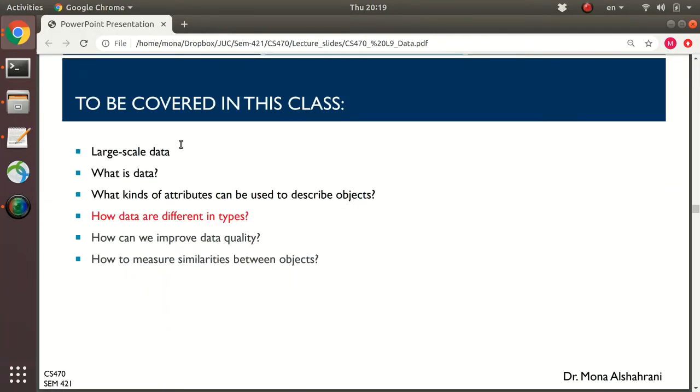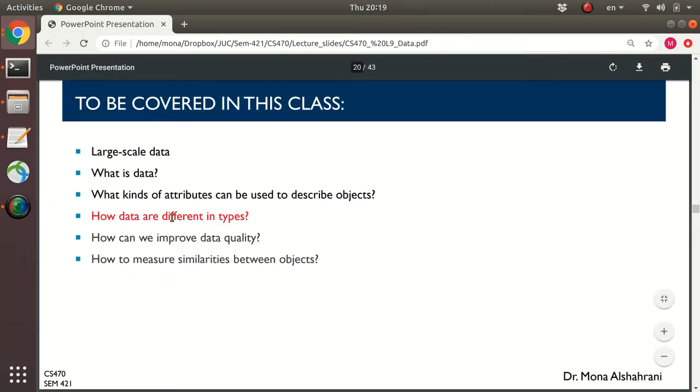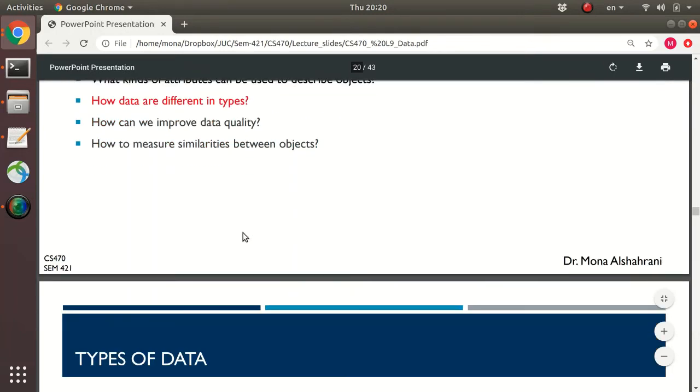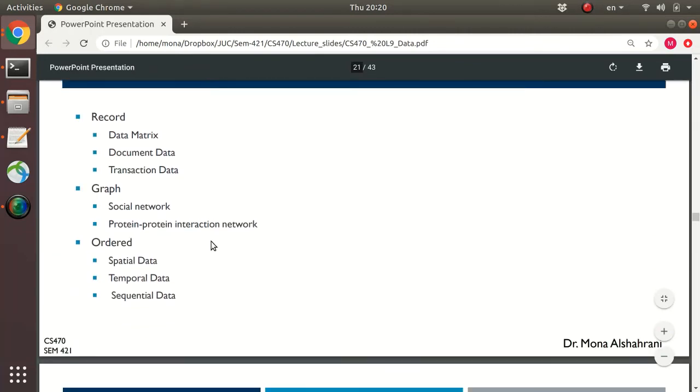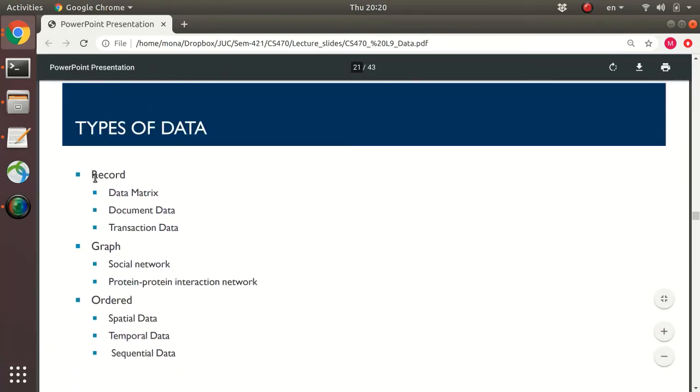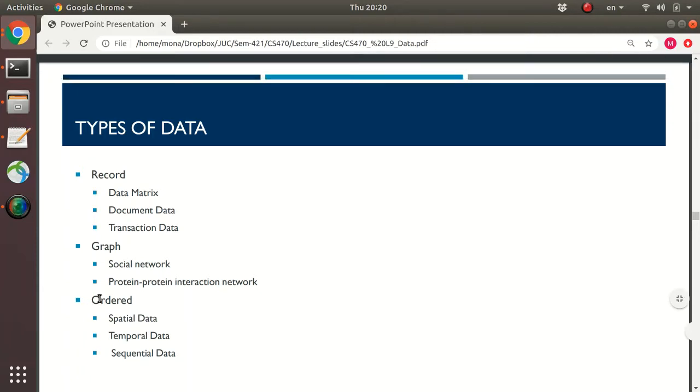What we also want to cover in this lecture is how data differ in types. We will categorize them first in terms of the data being represented as record data, graph data, or ordered data.